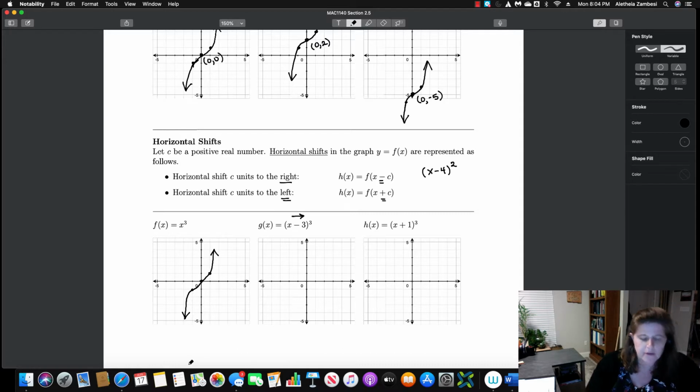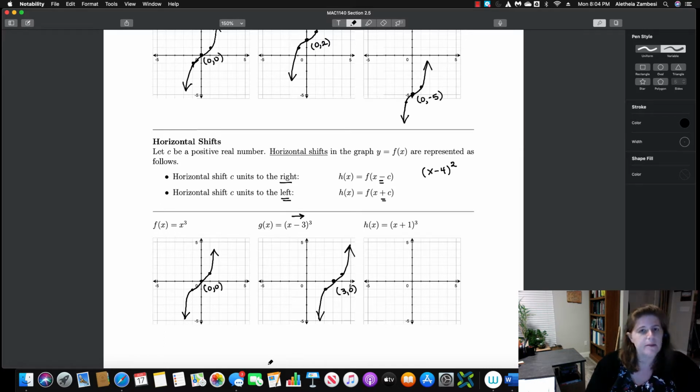Remember, opposite of the sign. So that point that was 0, 0 has now moved 3 units to the right, and I'm starting at the point 3, 0 this time. The shape still looks the same, just moved to the right.